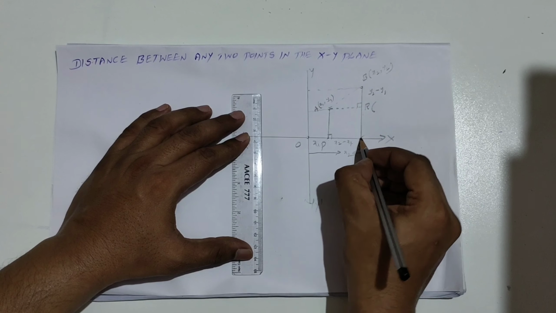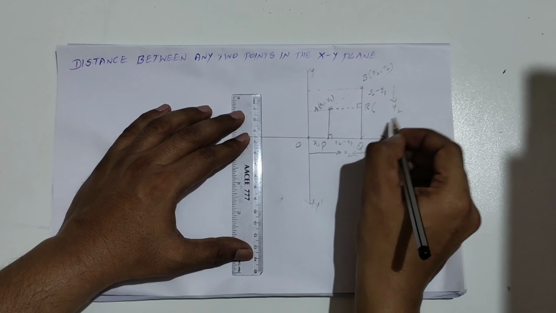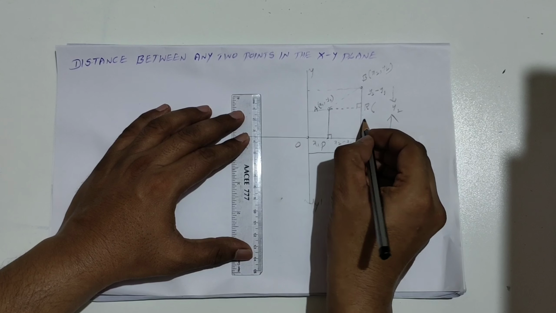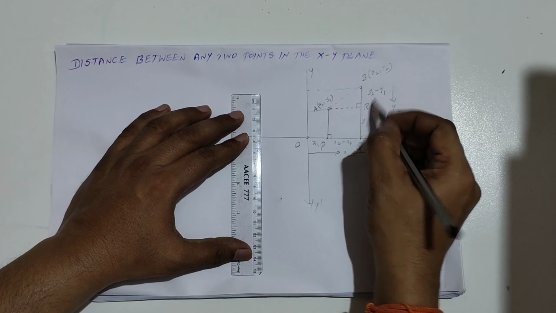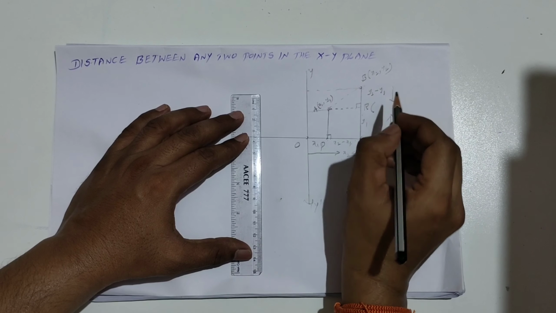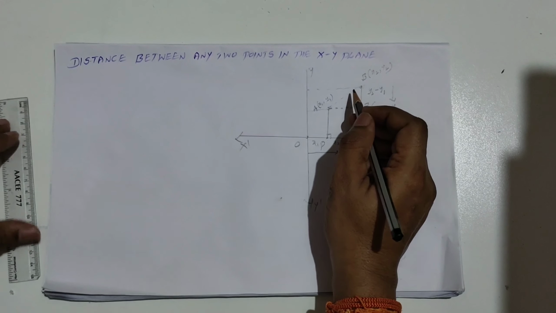Like this here also, from Q to B y2 units and A to P or B to R y1 units. So the difference between BQ and QR is simply y2 minus y1. So now by this way we can find the distance between the AB.